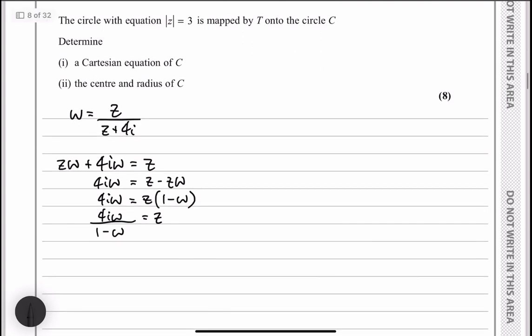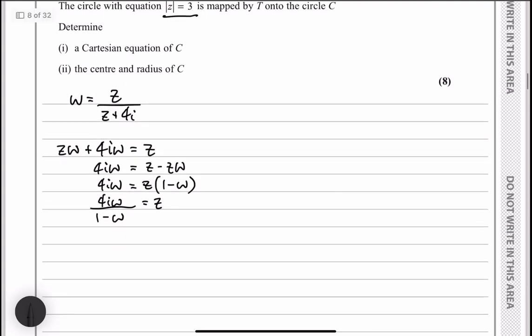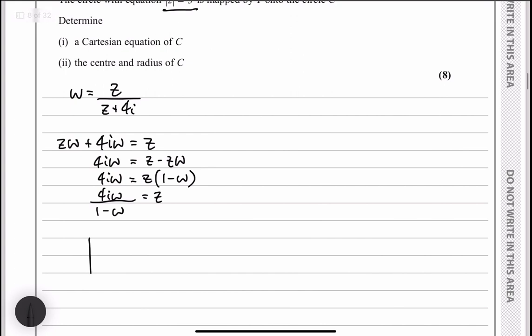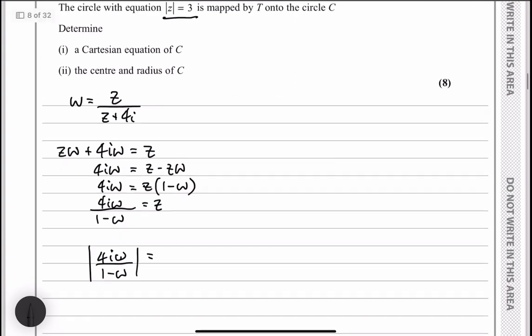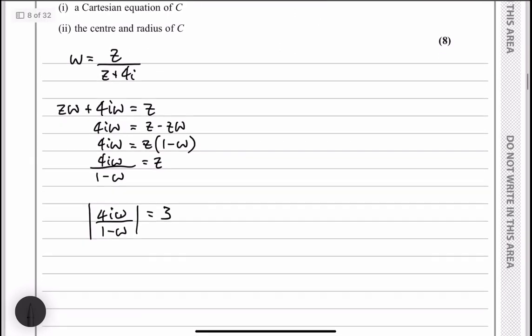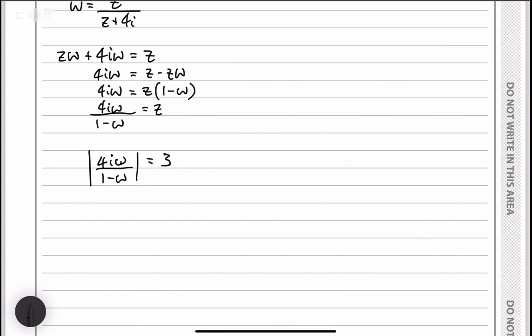Now we put it into the modulus that we've been given. Modulus of this, 4iw over 1 minus w must equal 3. Now I'm going to split my modulus, I think, 4iw over 1 minus w equals 3, and then I can multiply by that.